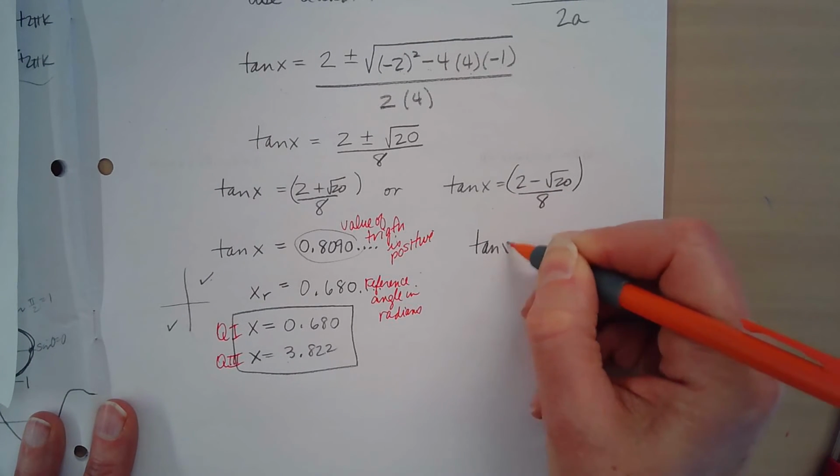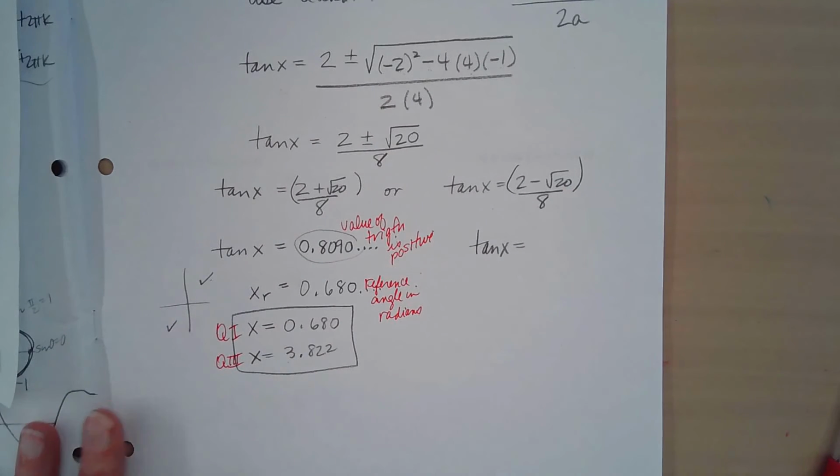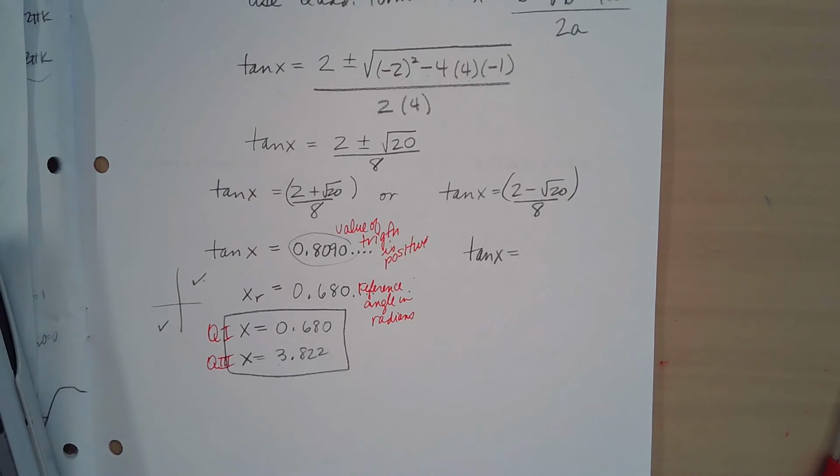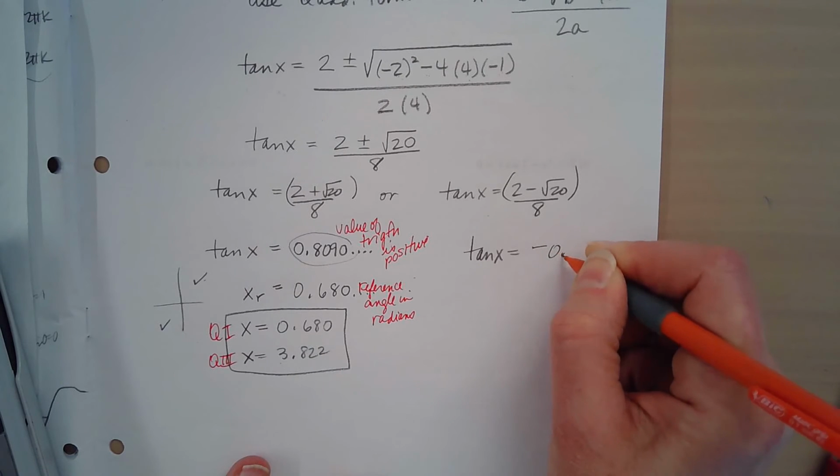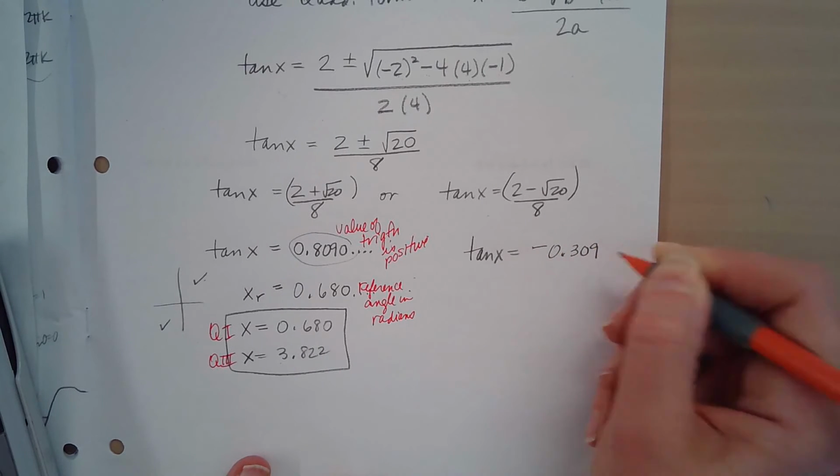We've got one more angle to do. So we've got tan of x equals, this time I'm going to have a different trig value. So it's 2 minus root 20 divided by 8. So this time I get negative 0.309.